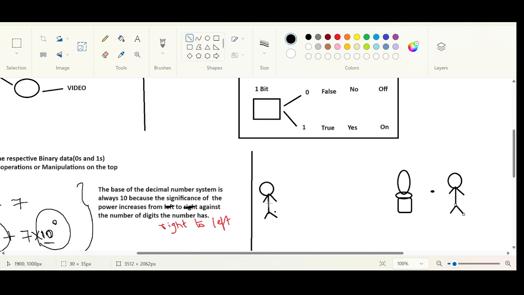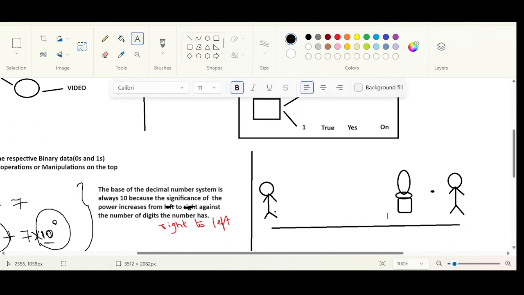Just an assumption. This is me. This is my relative. He is living in a forest. I am living in a city. The distance between us is about, let us say, 10 kilometers. Not a practical distance. It is a very long distance.